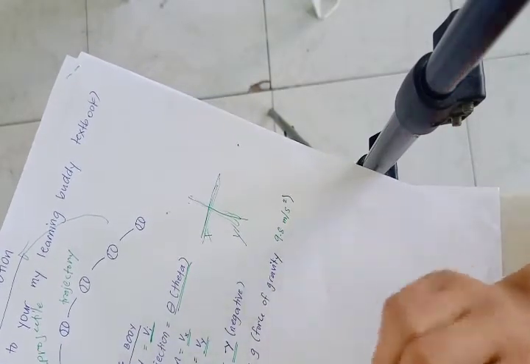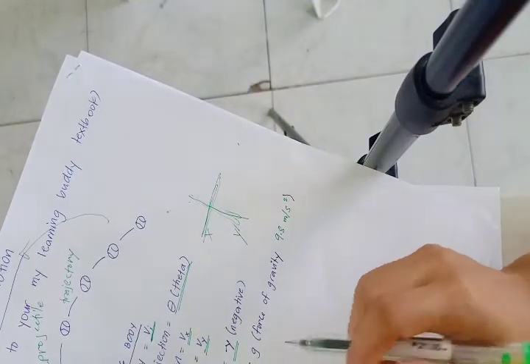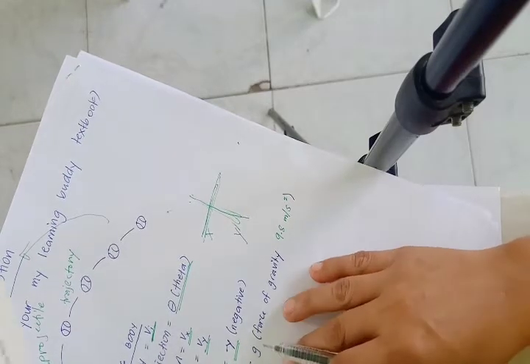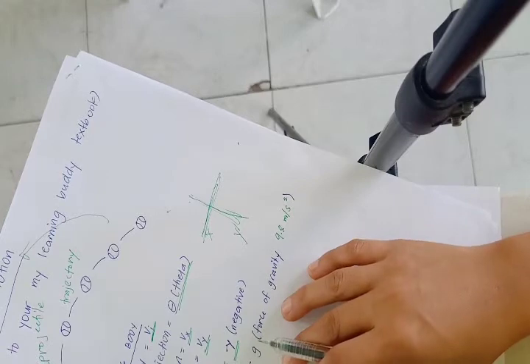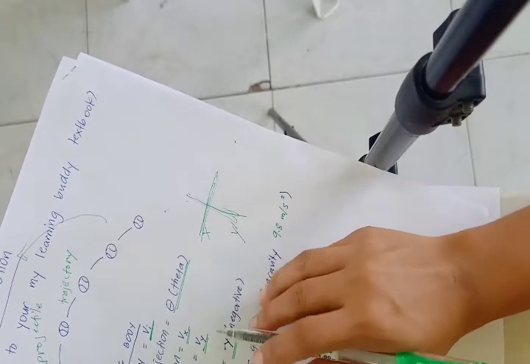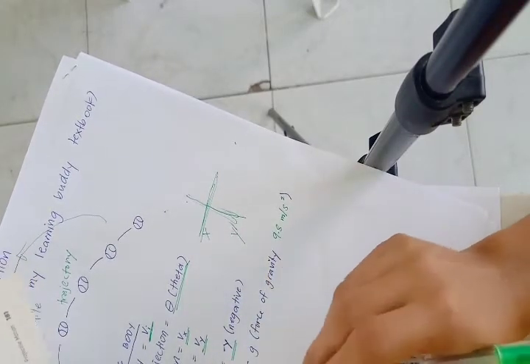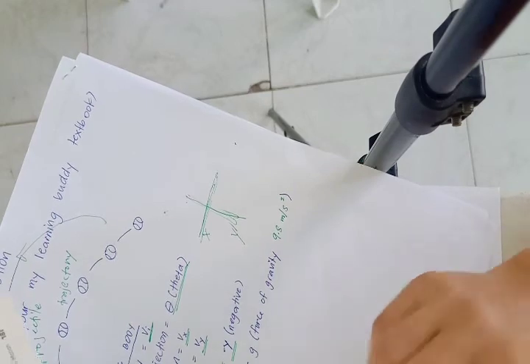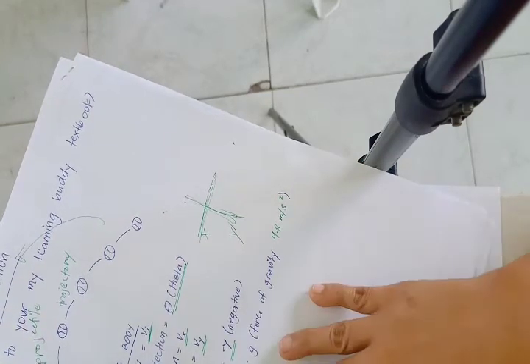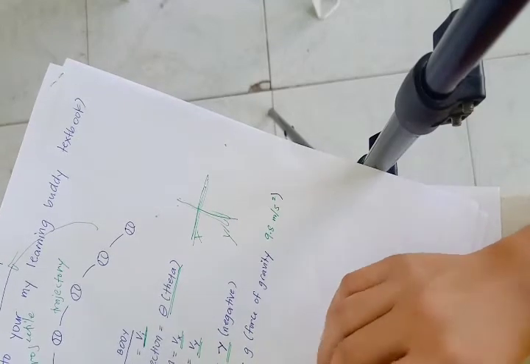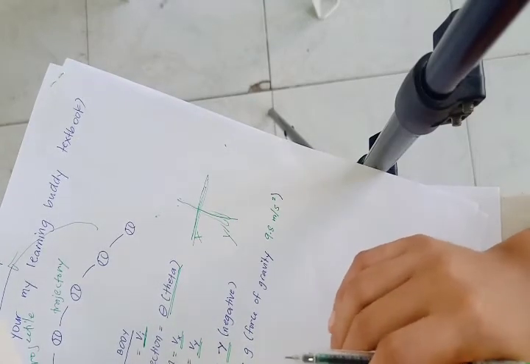Next. The horizontal motion has uniform velocity. Thus, the acceleration a sub x is equal to 0. Next, the vertical motion, on the other hand, has changing velocity due to gravity.